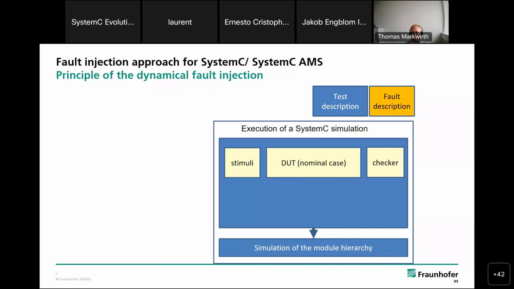We extend this test description with a fault description. This fault description defines where a fault should occur in the design hierarchy, when it should occur, and what kind of fault should occur. This is mainly what has to be described there.